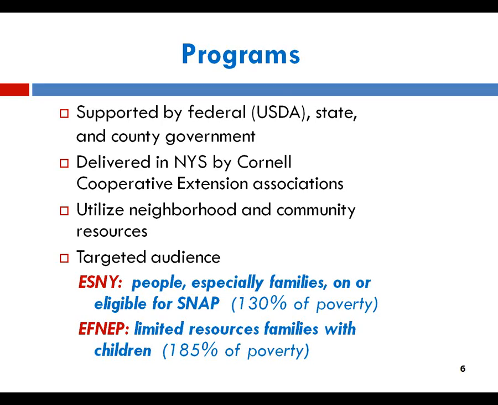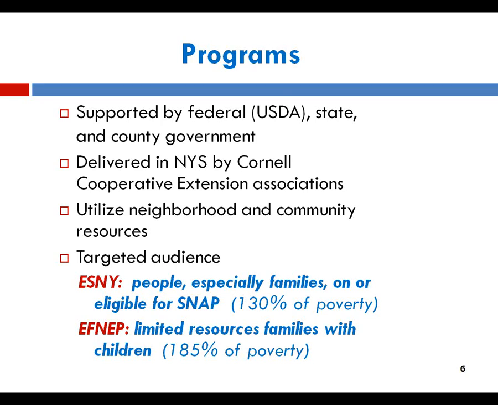The targeted audience is very similar for these two programs, but it is slightly different. Eat Smart New York is really focused on families who are either on SNAP or food stamps or who are eligible for SNAP. And that would be 130% of the federal poverty level.